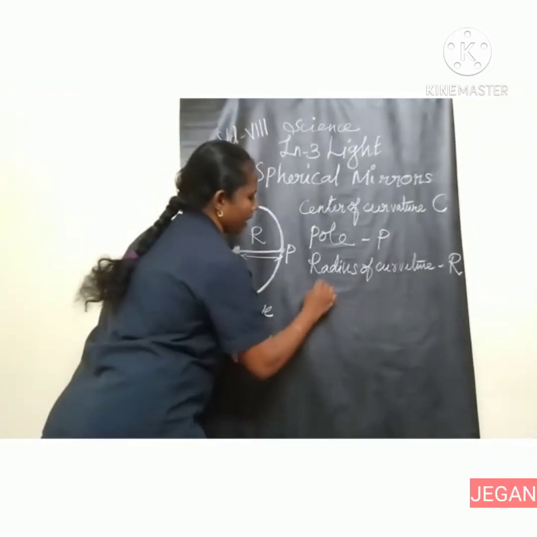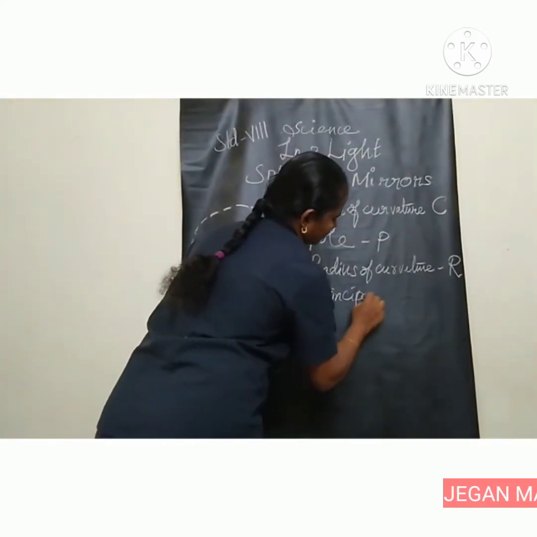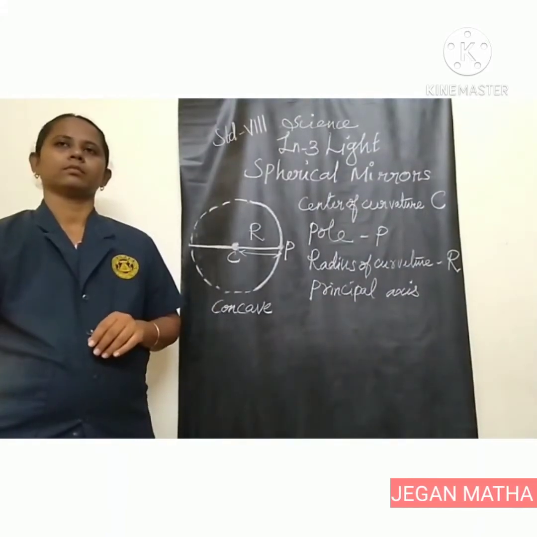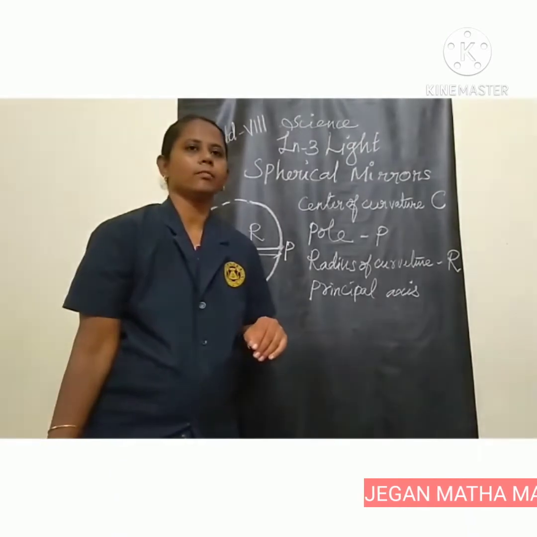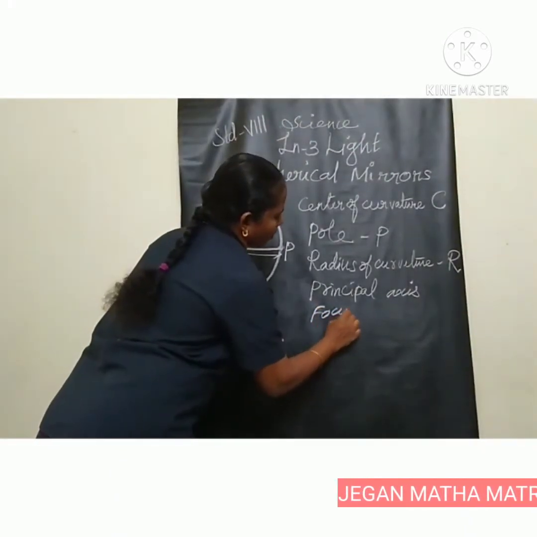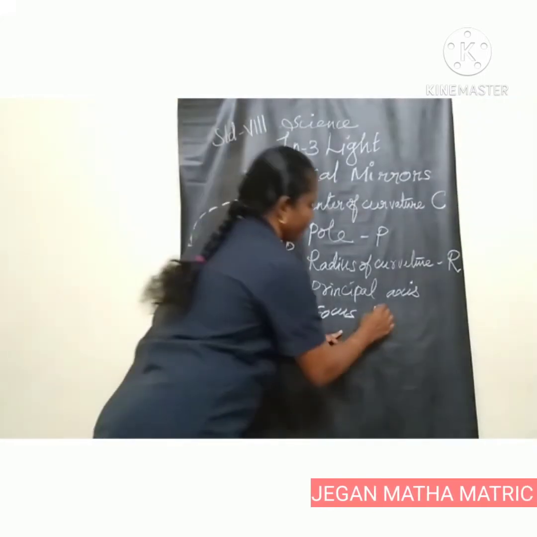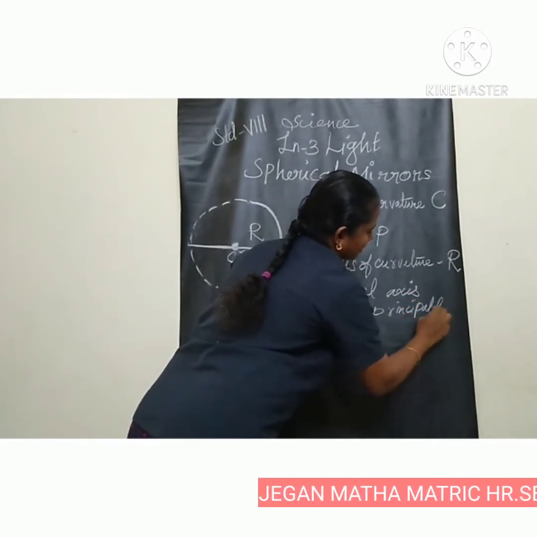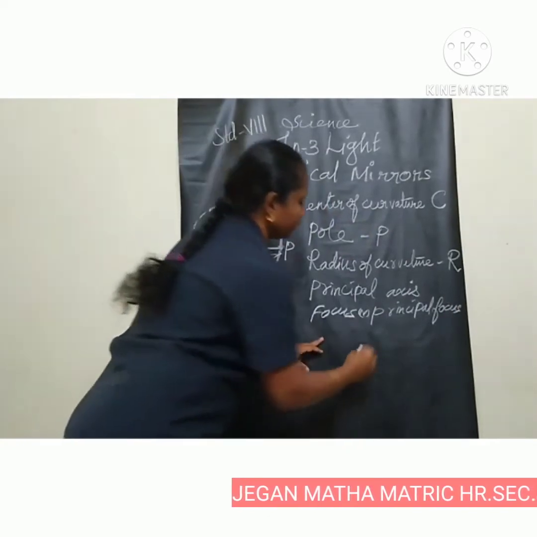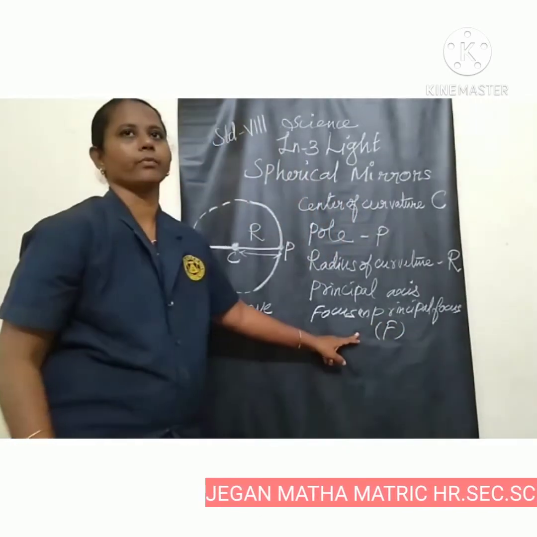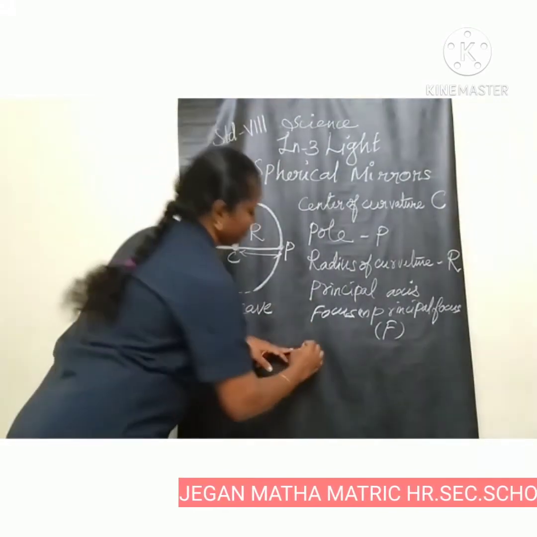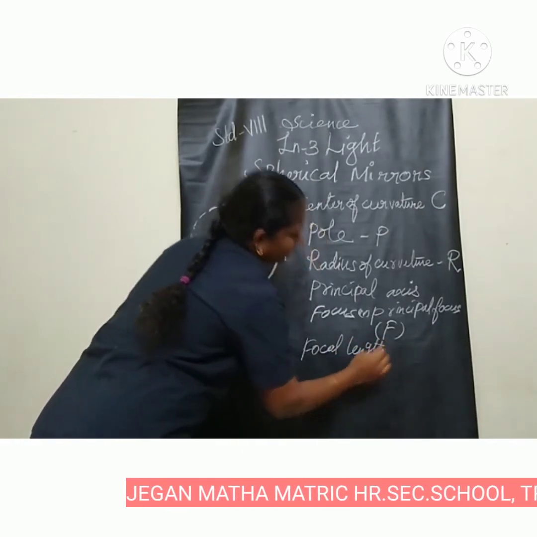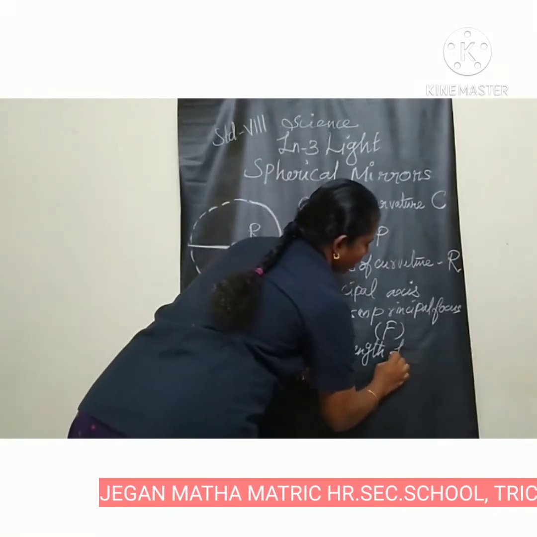The next term, principal axis. The next term, focus, the other name being principal focus, denoted by capital F. Next term, focal length, denoted by small f.